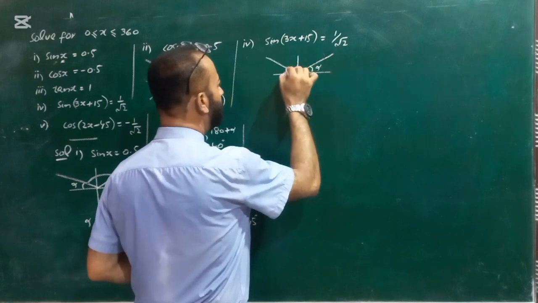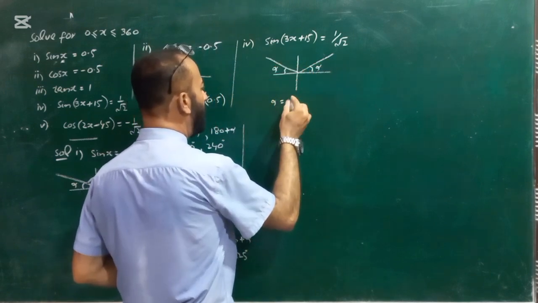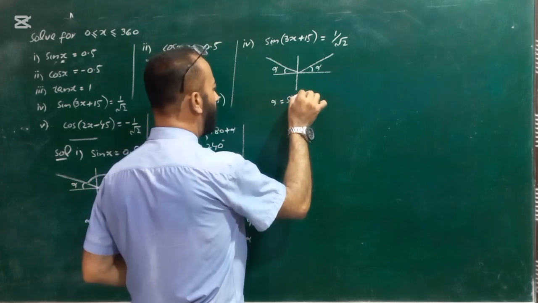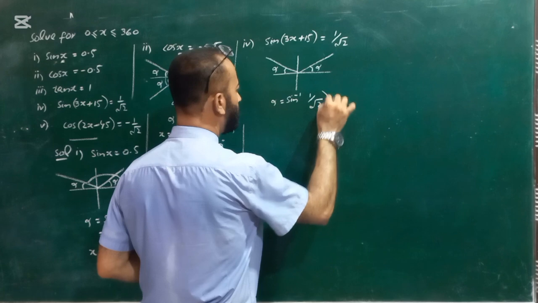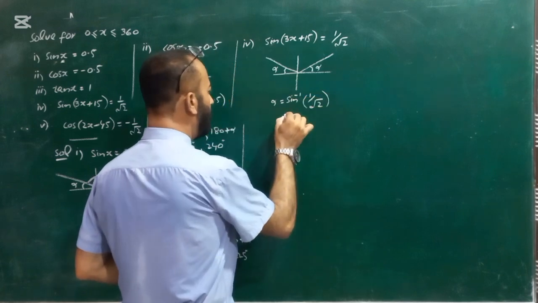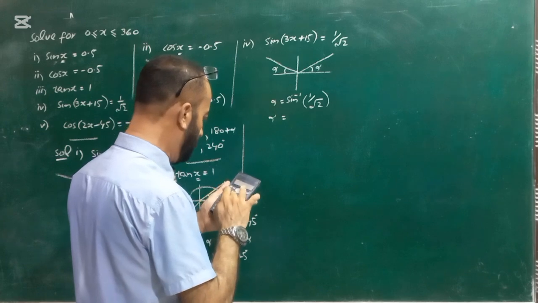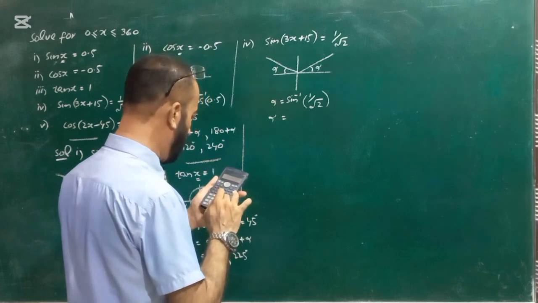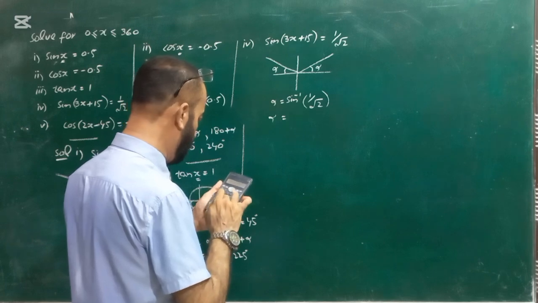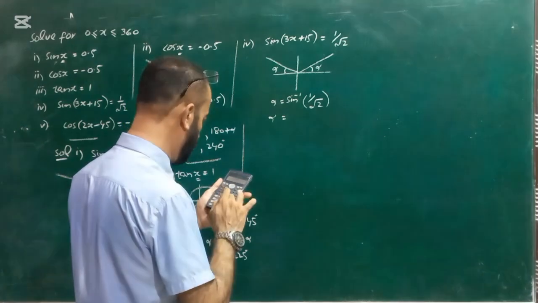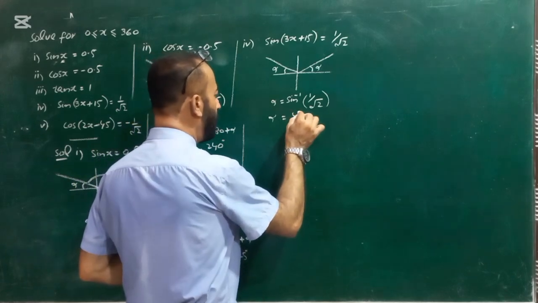So this is alpha and this is alpha. So look now, alpha will be equal to sine inverse 1 by square root 2. So the answer is 45 degrees.